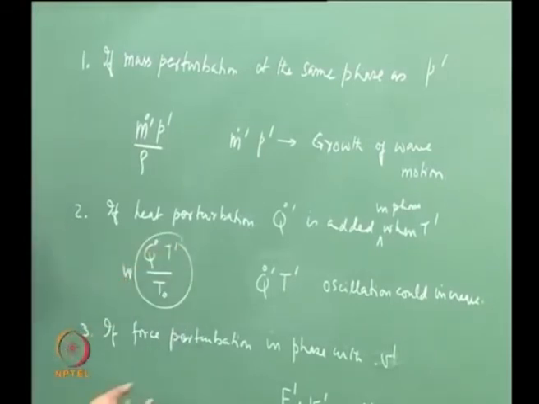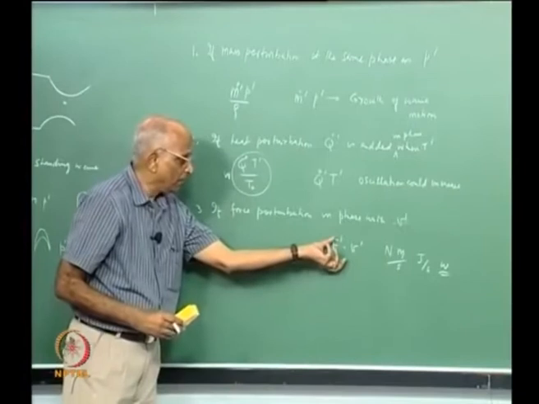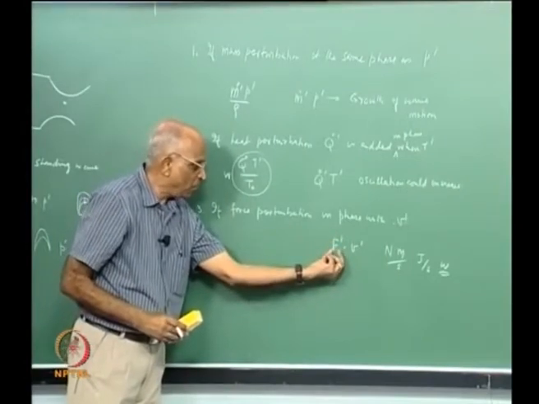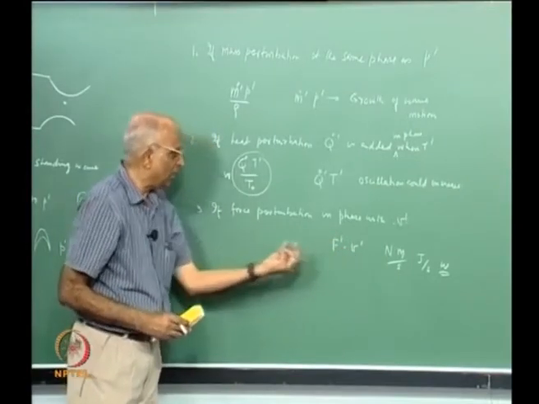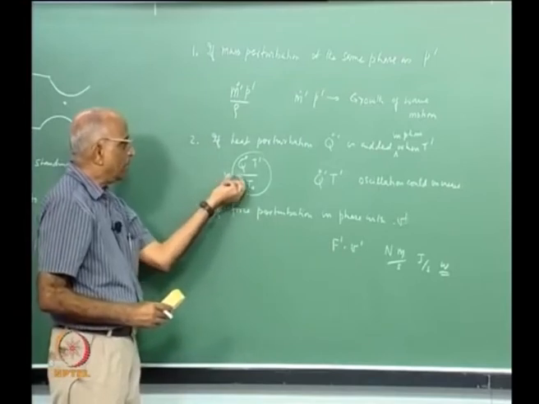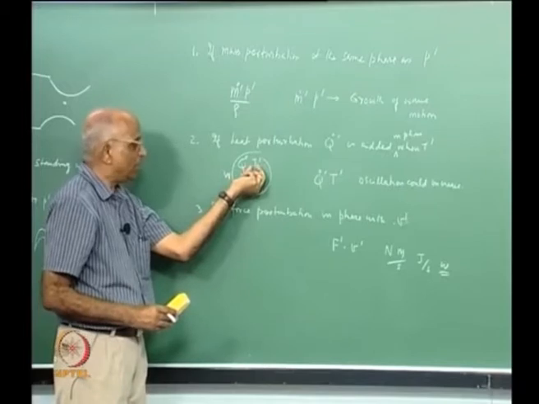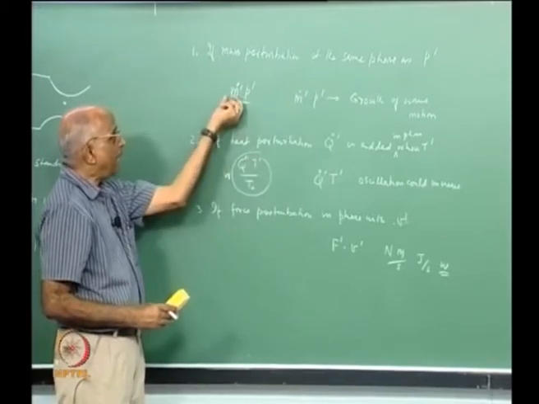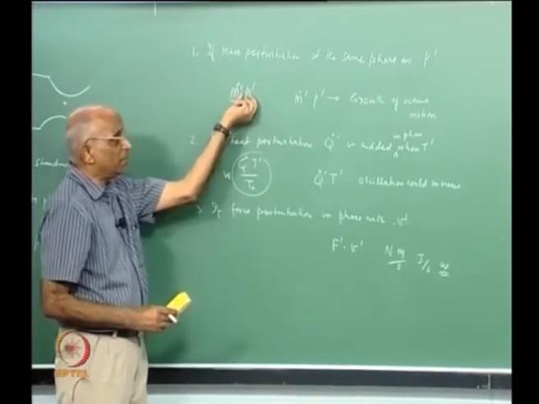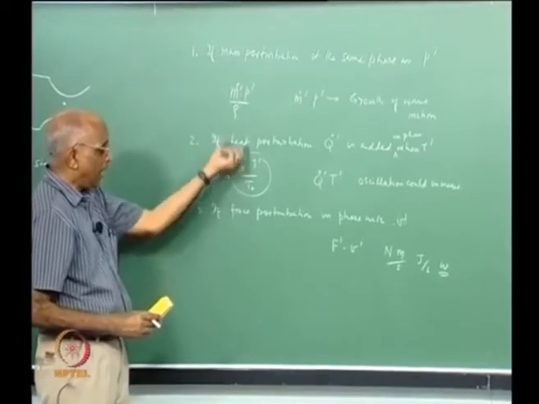Therefore, I can say if I were to add power as a product of force in phase with velocity, add power in terms of heat transfer in phase with temperature perturbation, add mass in phase with pressure perturbation, well, I could amplify it.